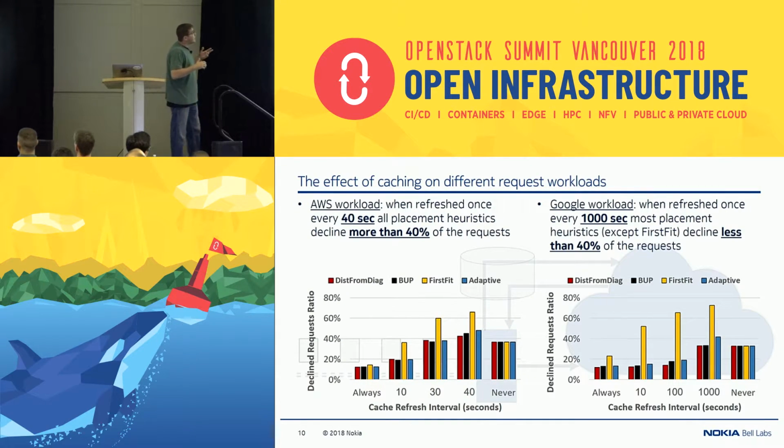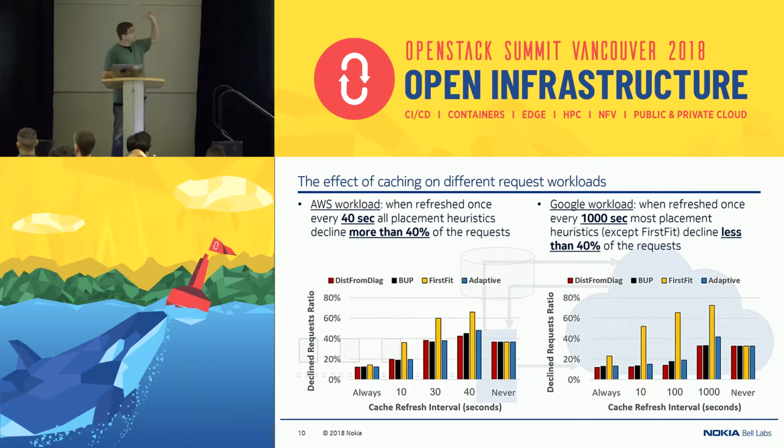The following experiment takes a set of different real workloads, taken from AWS and from Google. What I wanted to show you in this experiment is that for AWS, the type of requests that keep arriving, their size, the size of the premise, the size of the cloud, the size of the server, result in this: if you look at the 40-second refresh interval, whatever heuristic you take will suffer from above 40% decline ratio.